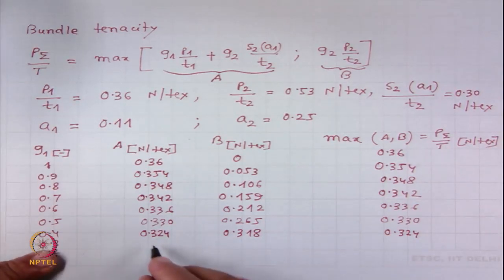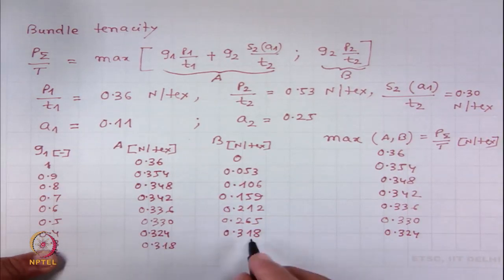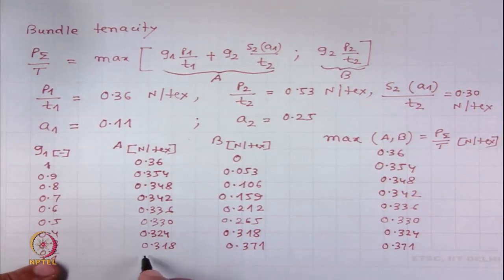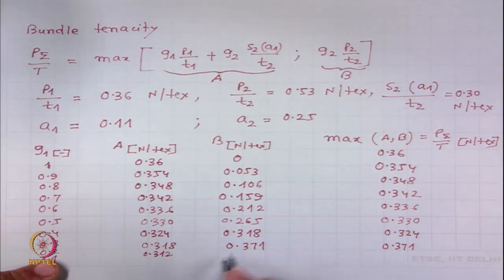At 0.3 this value will be 0.318, but this value will be 0.371, and what is maximum in between these two? 0.371. At 0.2 this value will be 0.312, this value will be 0.424, 0.424.